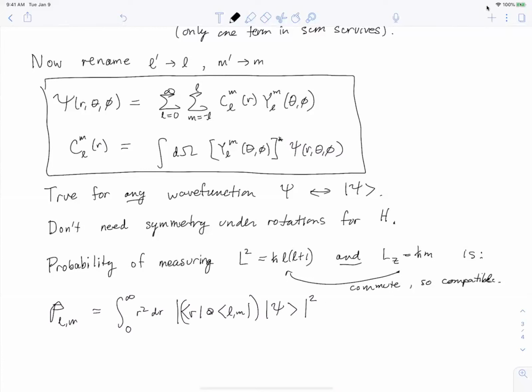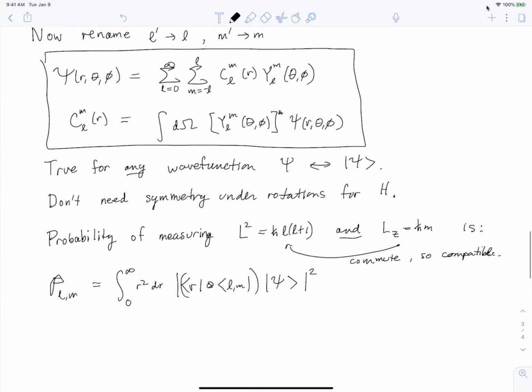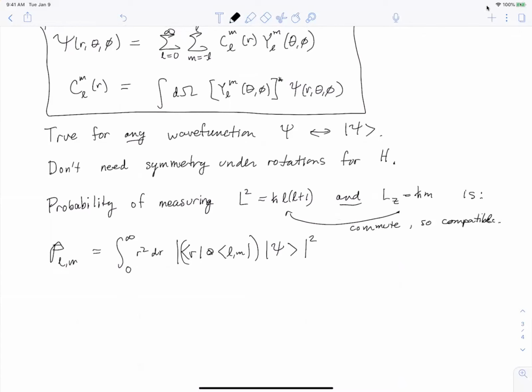So this is really just the postulates of quantum mechanics in action. It says we sum the square of the wave function over all possible values compatible with the result of the measurement that you got, which was L and M.